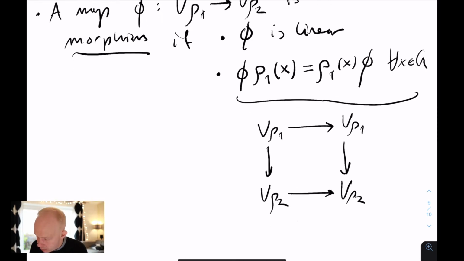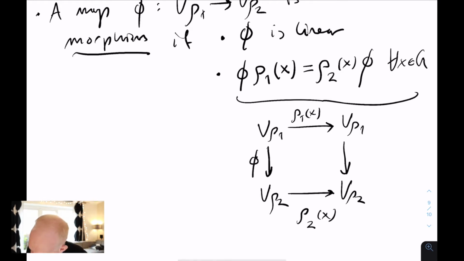Here you have the mapping which is the representation. Also, sorry, there should be a rho 2 here: rho 2 of x, and here we have rho 1 of x. Remember, each of them is a linear mapping between these two vector spaces. And then here you have a phi that maps V rho 1 to V rho 2.